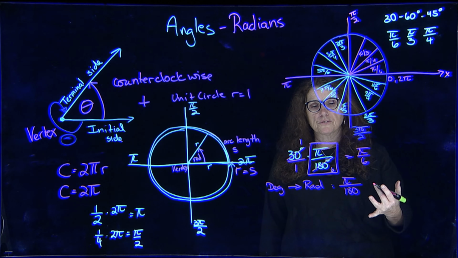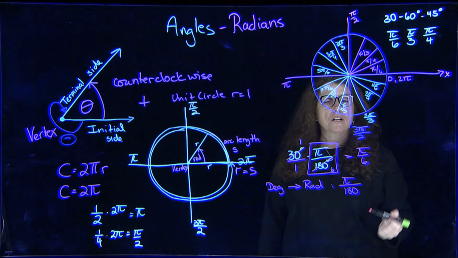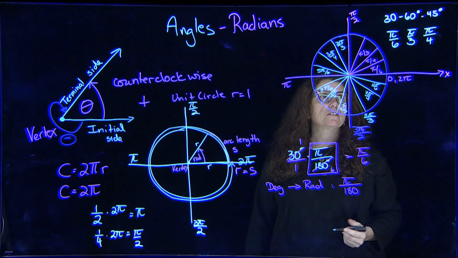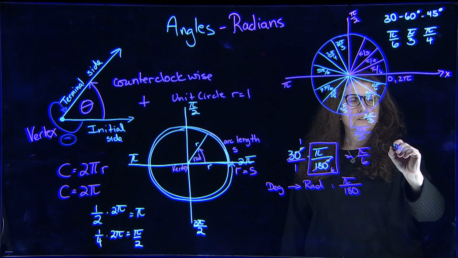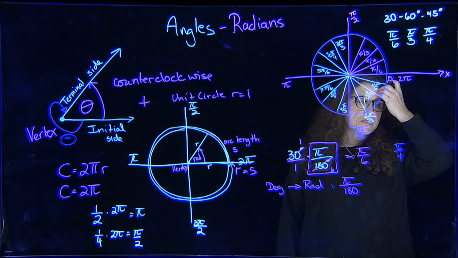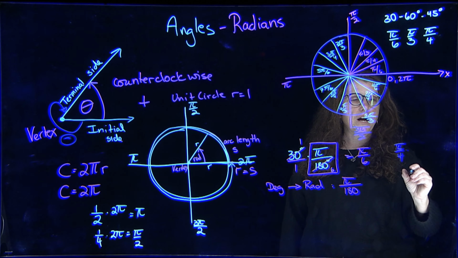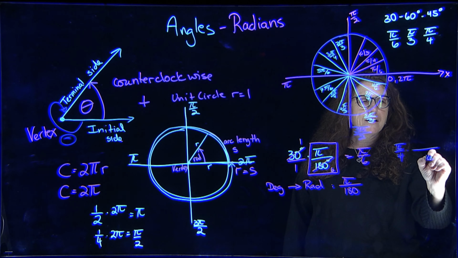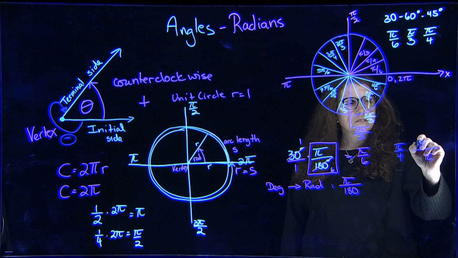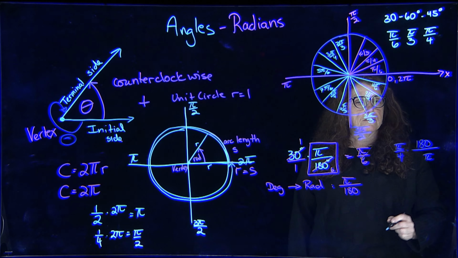So now let's go the other way. Let's say we have pi over 4, and I wish to convert that into degrees. So pi over 4, now what I need to think about is I need to reduce my pi's, so pi has to be in the denominator. And what is in the numerator? The 180 degrees.